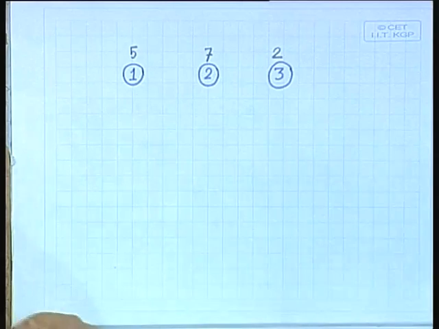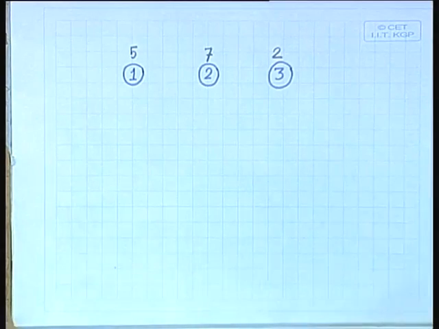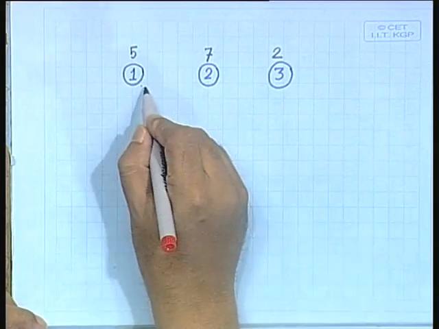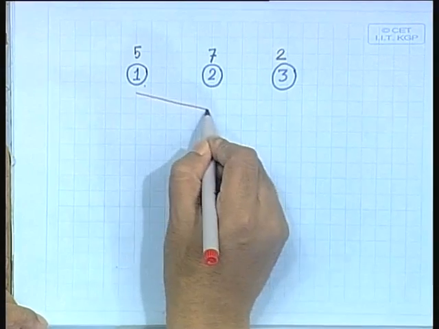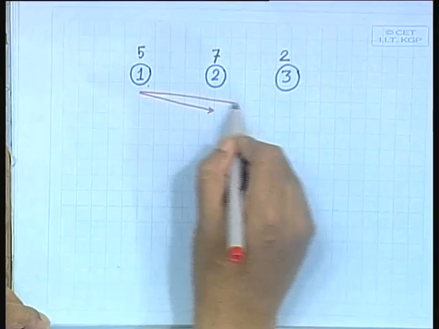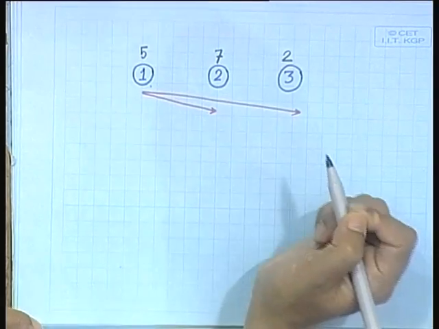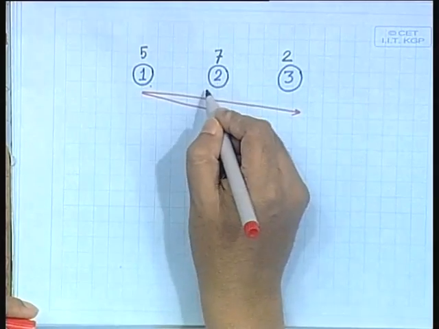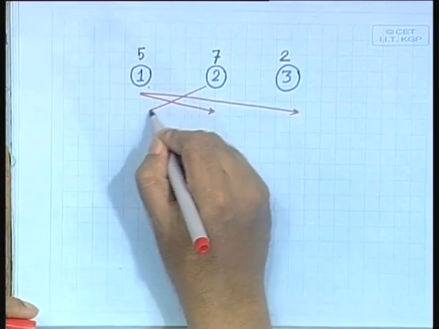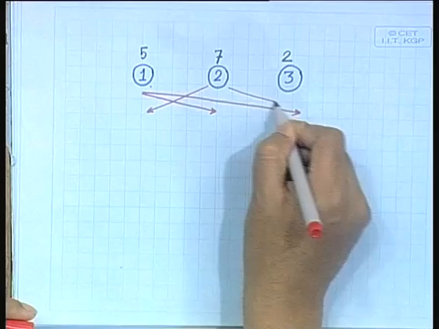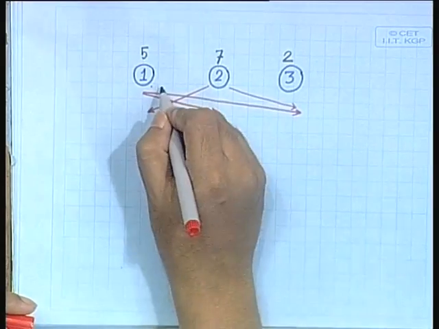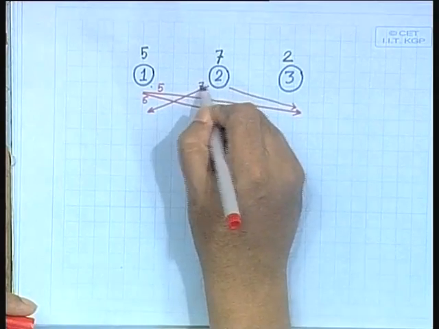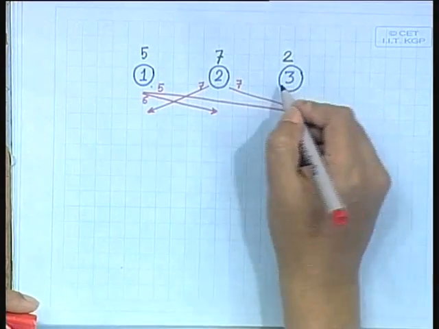So, in the first round, this node sends the 5 to all the other ones. So, it sends 5 here and it sends 5 here. Now, this one sends 7 here. So, these nodes were carrying 5, these ones are carrying 7, and this one sends 2.